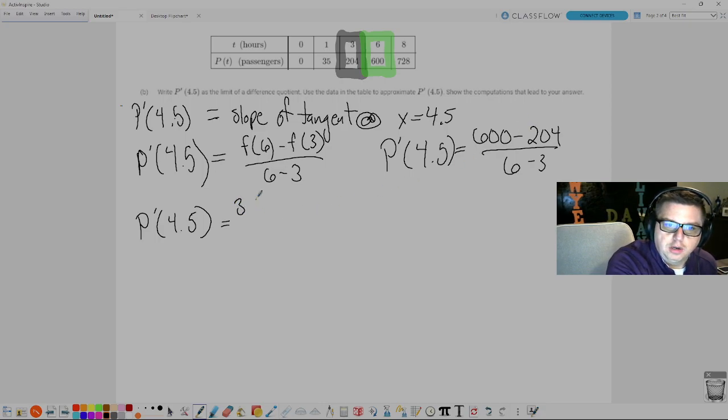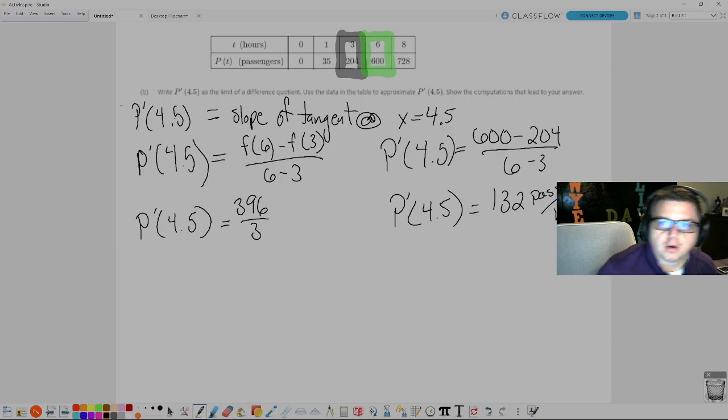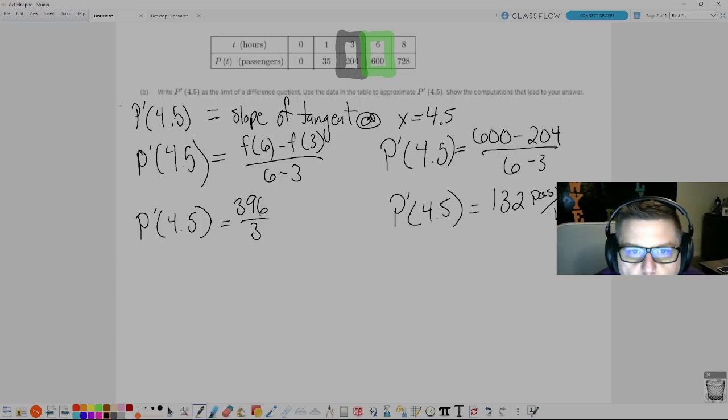That would be 396 over 3. So p prime will be 132 passengers per hour.